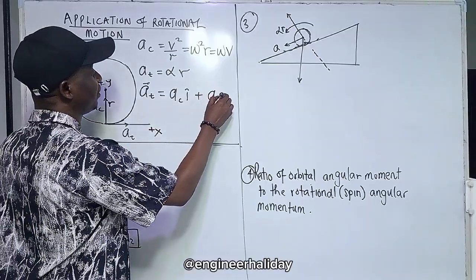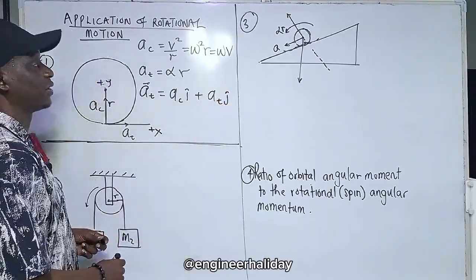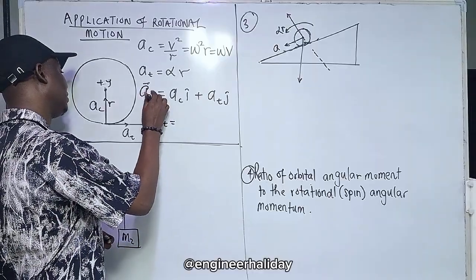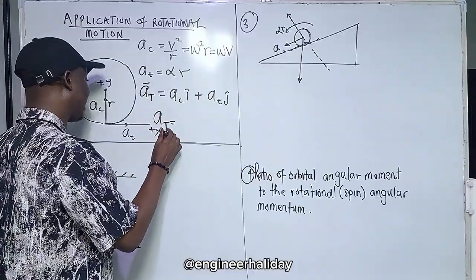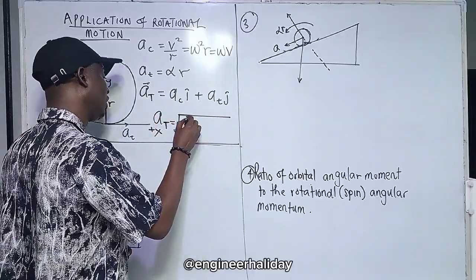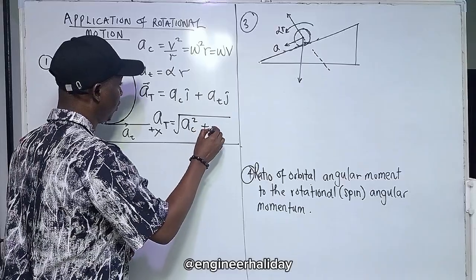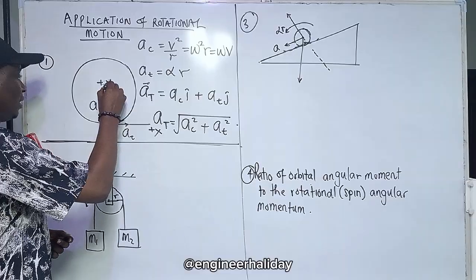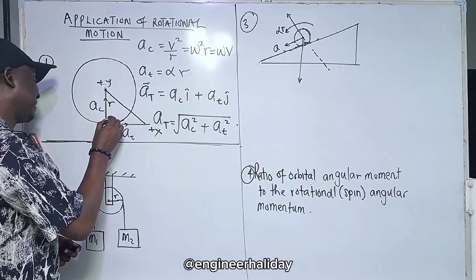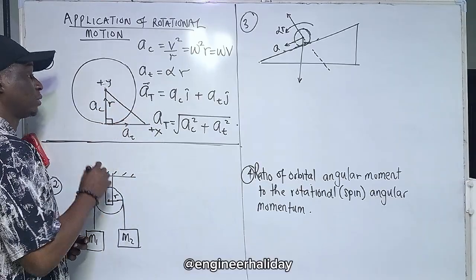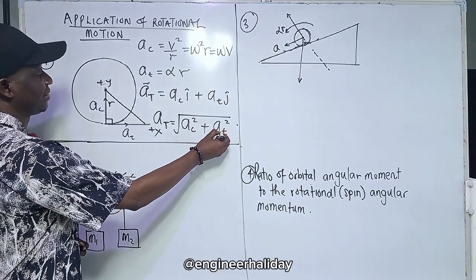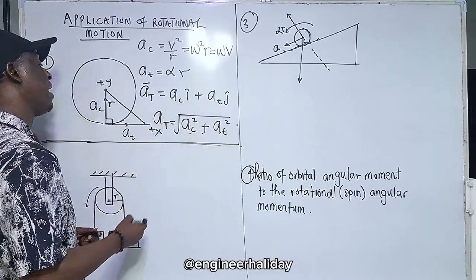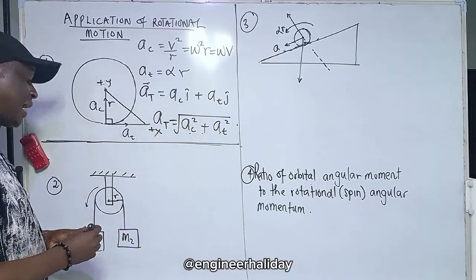Total acceleration, let me write it as capital T, will be the square root of a_c squared plus a_t squared. Don't forget this is 90 degrees. So this is the formula for total acceleration: the square root of tangential acceleration squared plus centripetal acceleration squared gives us the total acceleration.